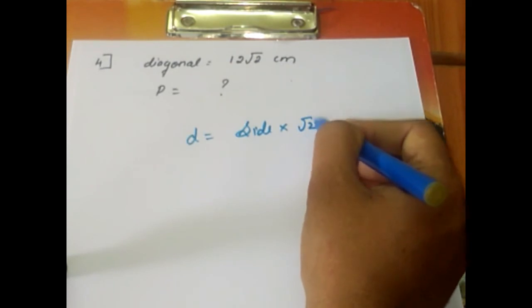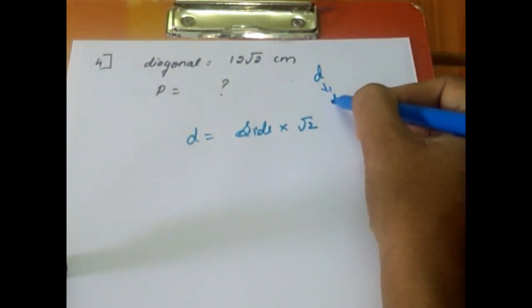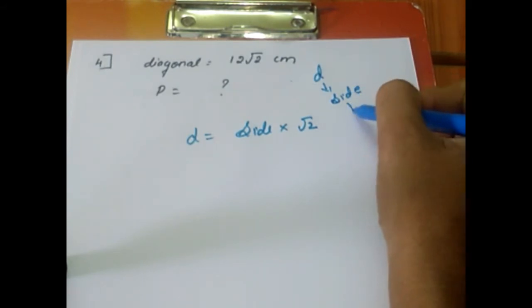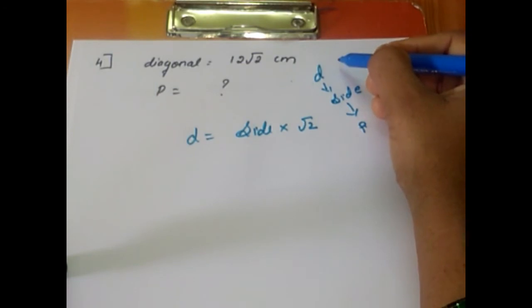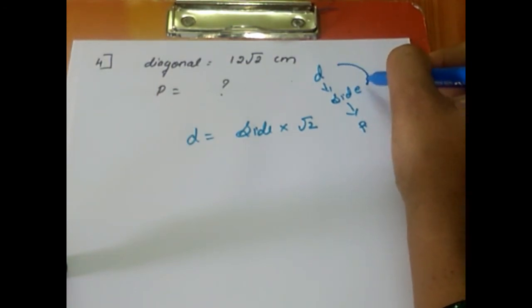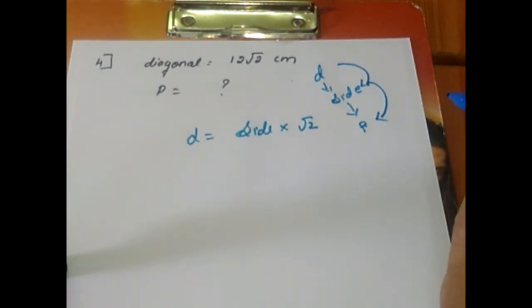By using the measure of the given diagonal, let us calculate the measure of the side. By using the side, we can calculate the perimeter. Diagonal is given; using the diagonal, find out the measure of the side. Once the side is known, calculate the perimeter.